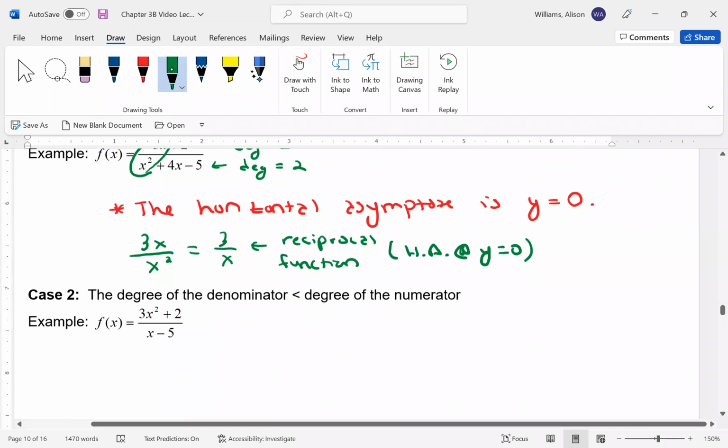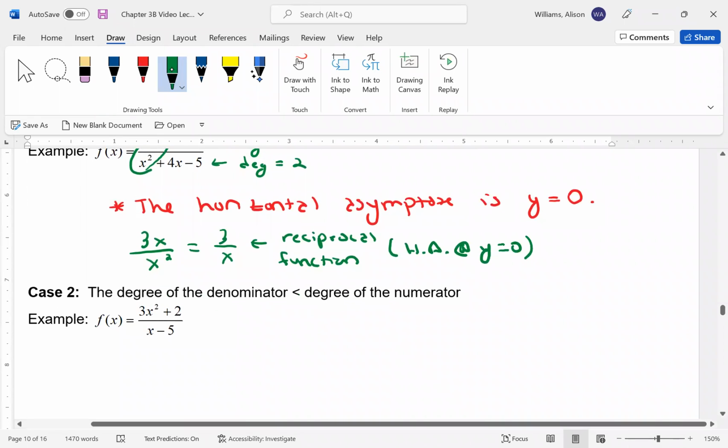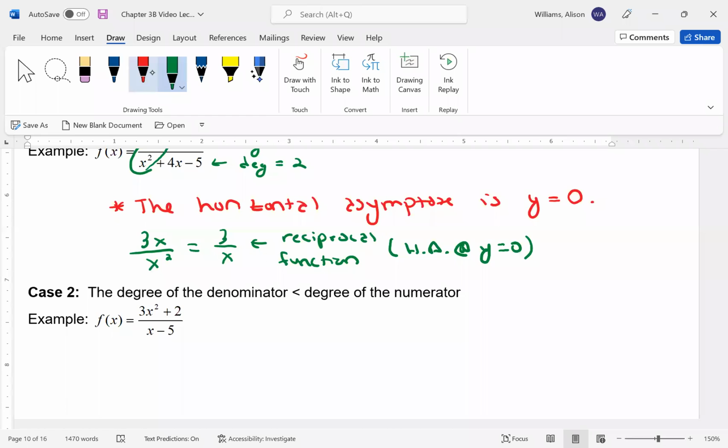Okay, so let's look at the case where the degree of the denominator is smaller than the degree of the numerator. So the numerator is bigger. Sorry, let me just really quickly comment. The degree of the numerator in this case is 2, and the degree of the denominator in this case is 1, so it's reversed.